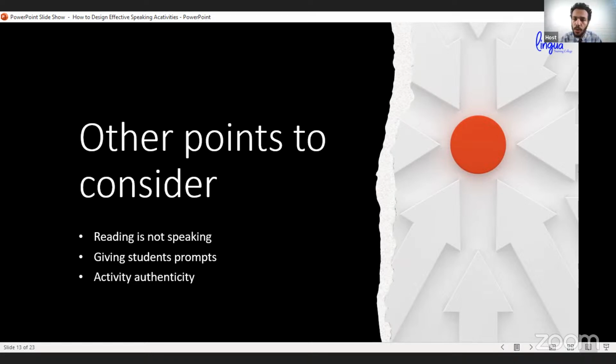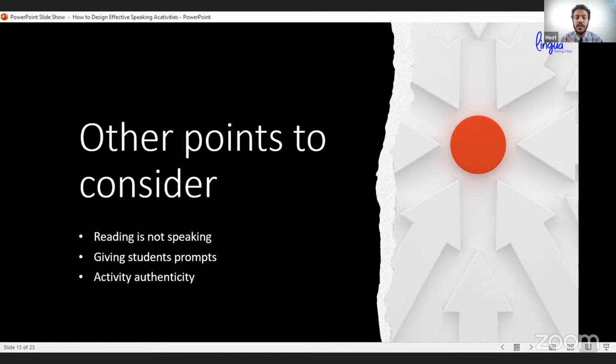This will help your students focus on the task and achieve it point after point. Then, as a teacher, you can check their performance, take notes, and give feedback after the speaking.